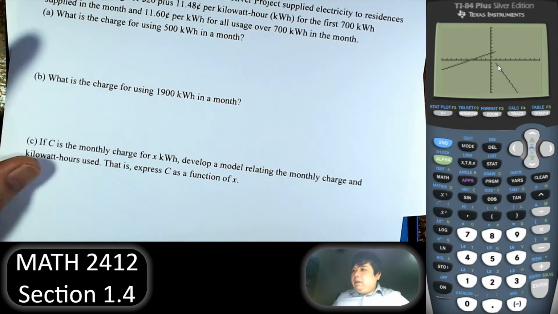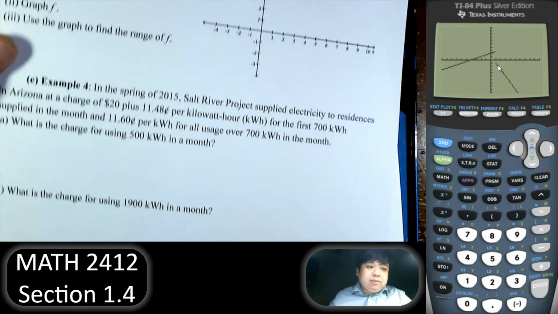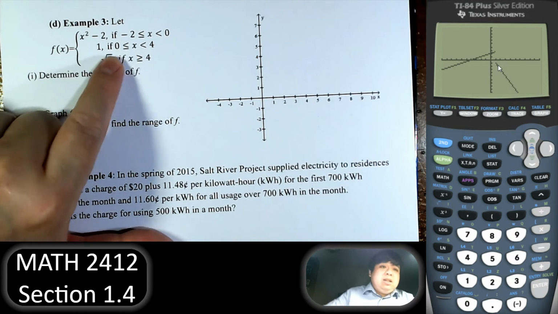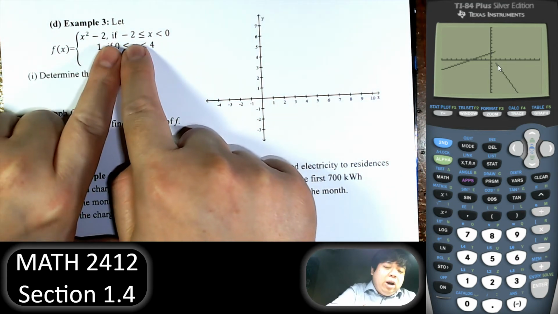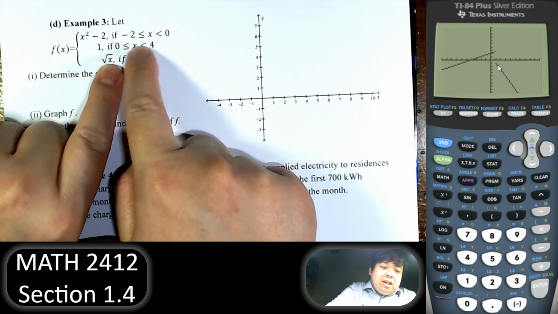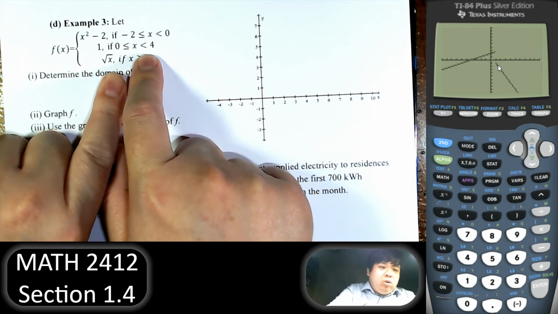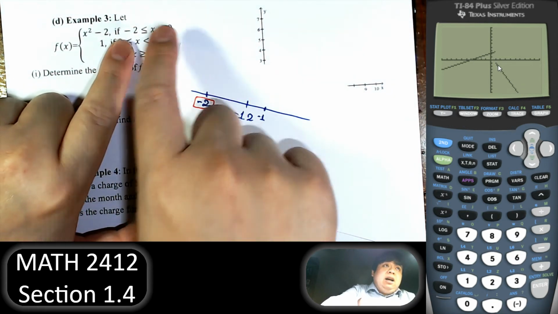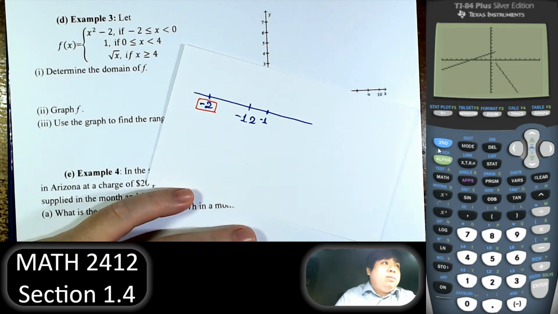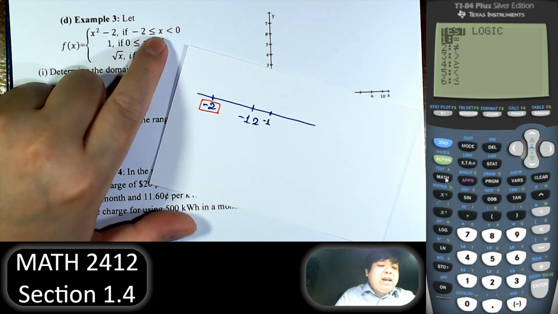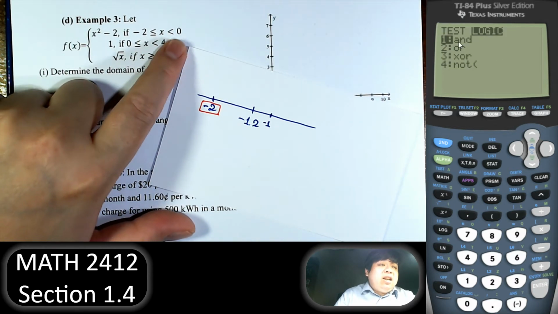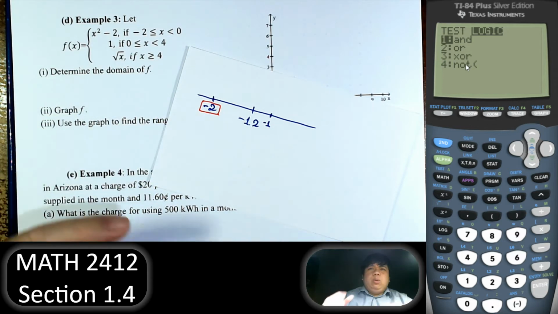Talking about doing it by hand, if we have a piecewise function that has 3 pieces, more than 2, I recommend we do it by hand also, because to type this in the calculator, we actually have to type x greater than or equal to -2, and then x less than 0, with all of the parentheses.